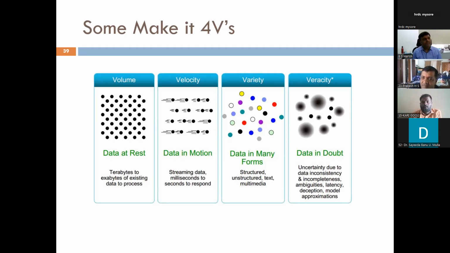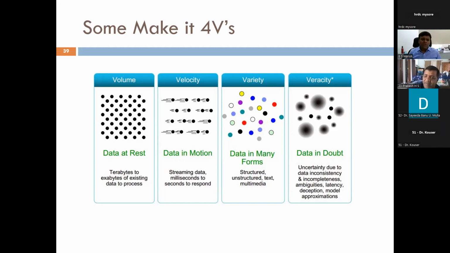Veracity is data which will always have a doubt. That is nothing but something called fuzzy, or uncertainty. There is no certainty in the data, right? So, today the Chief Minister will come at 1 o'clock. Is it trustable data? It might change, sir.